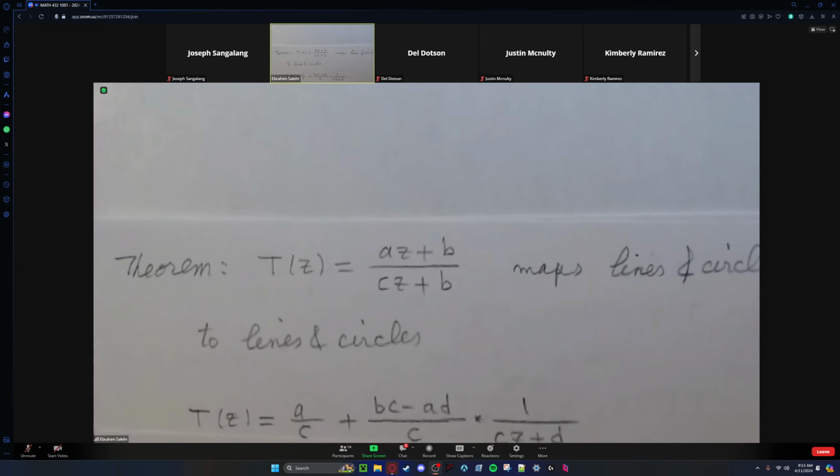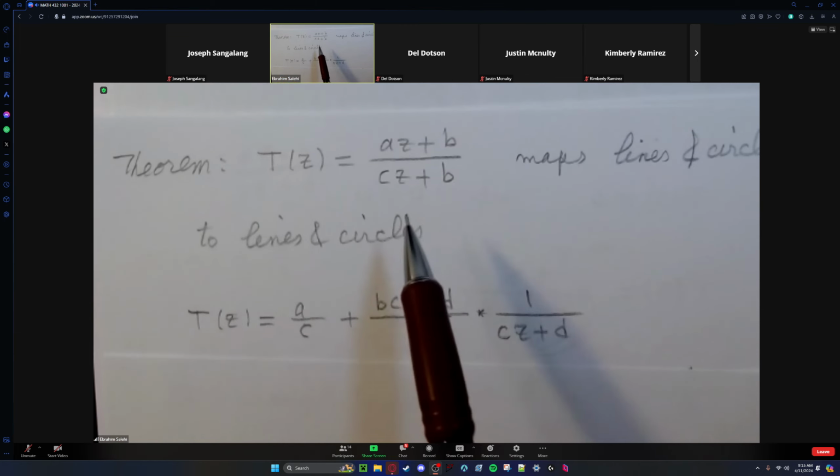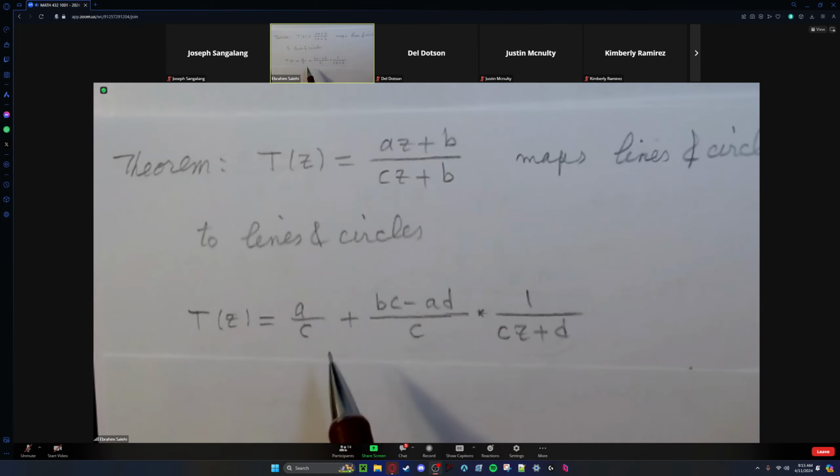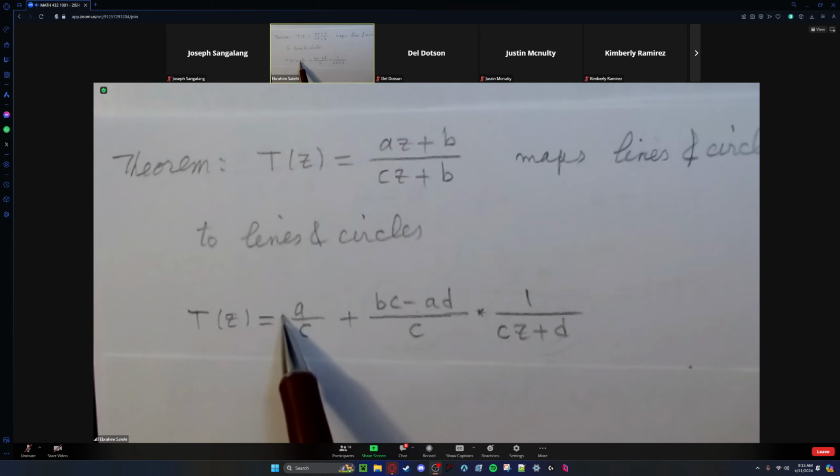Here is why. This function looks like this. If I do a little bit of algebra, it's a constant plus this number times this. When we add a constant, we talked about linear functions. We know that adding a number doesn't matter.